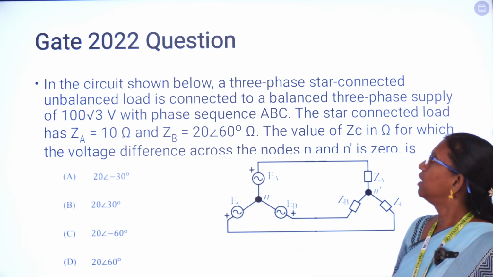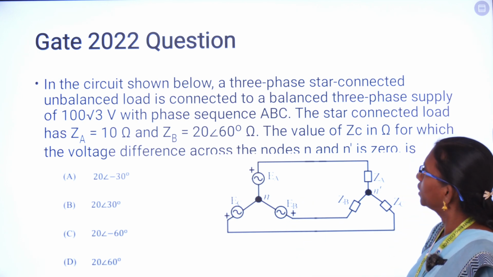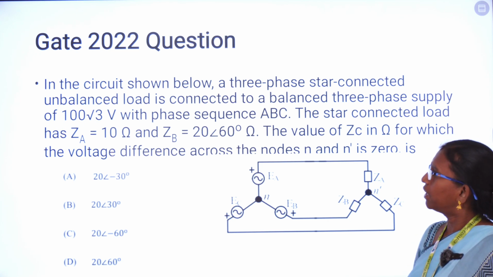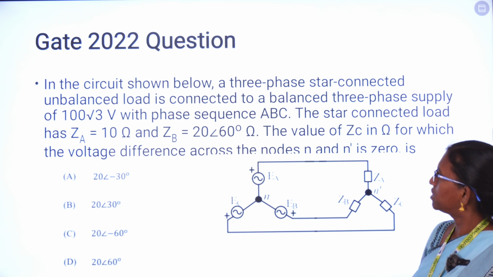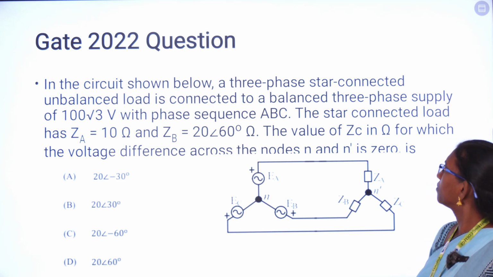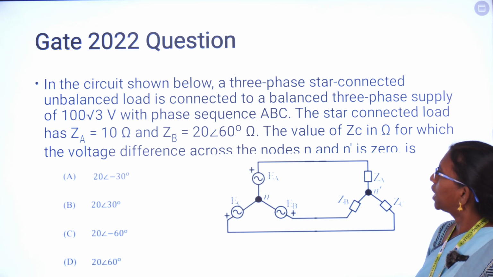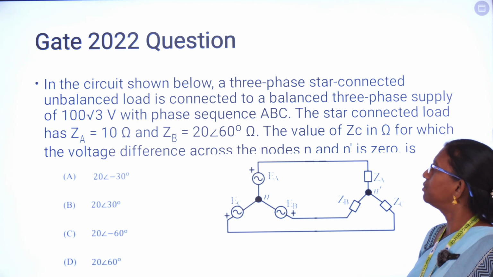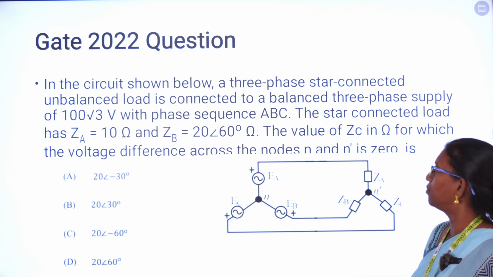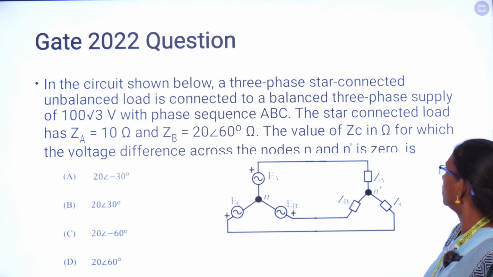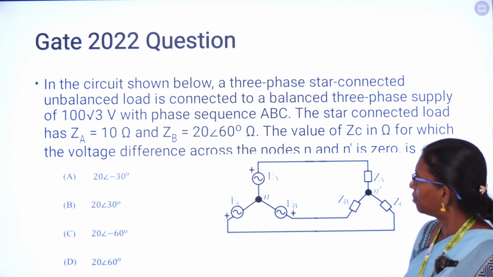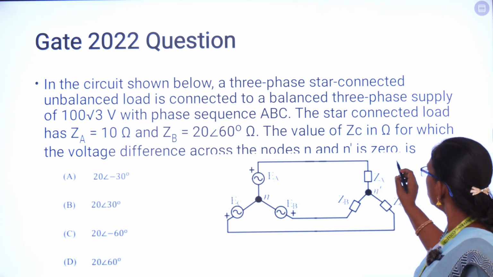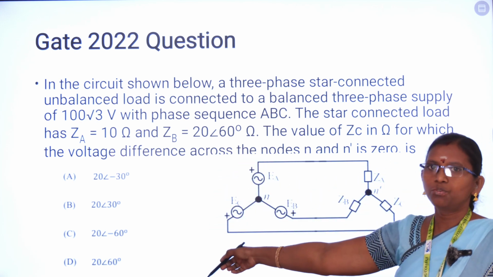Here we can see in the circuit shown below, a 3-phase star connected unbalanced load is connected to a balanced 3-phase supply of 100√3 volts with phase sequence A, B, C. The star connected load has impedance ZA equal to 10 ohms and ZB equal to 20∠60° ohms. The value of ZC in ohms for which the voltage across the nodes N and N' is 0 is asked, with 4 options given.